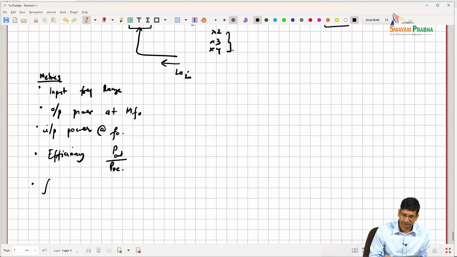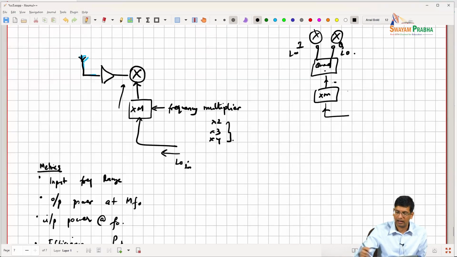And then we would like a low fundamental feedthrough, right, because we don't want f naught to leak in through here. Because if that leaks in, then our mixers are seeing some part of the fundamental as well.